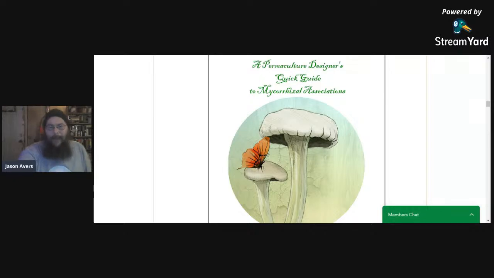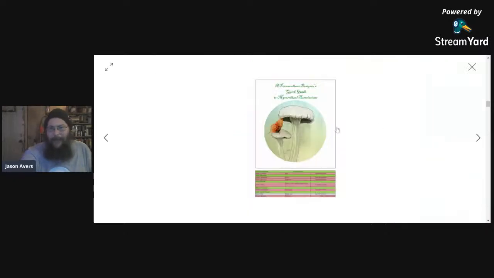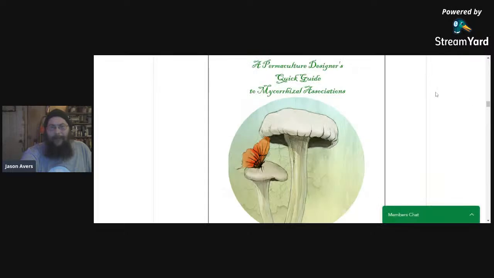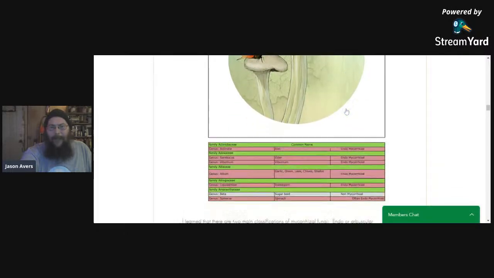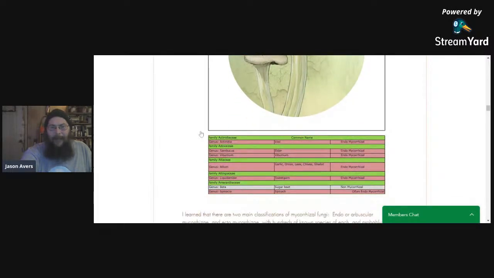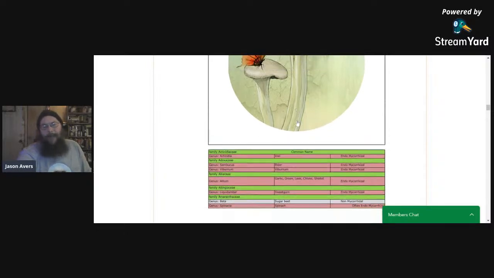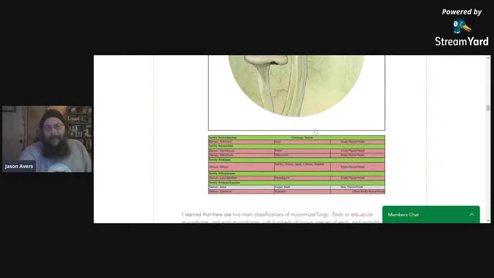Once you do that, you can print the image at your leisure, which is kind of useful because the way I arrange these, once they print out, you'll have a space here on the left-hand side where you can put your holes in with a hole punch and put them into a 3-ring binder and have your own hard copy of this that you can refer to at any time, which is kind of handy if you're out there in the field and the only thing you have to work with is a cell phone and you don't have that much data on your cell phone. You can just have this as a booklet that you can look at.